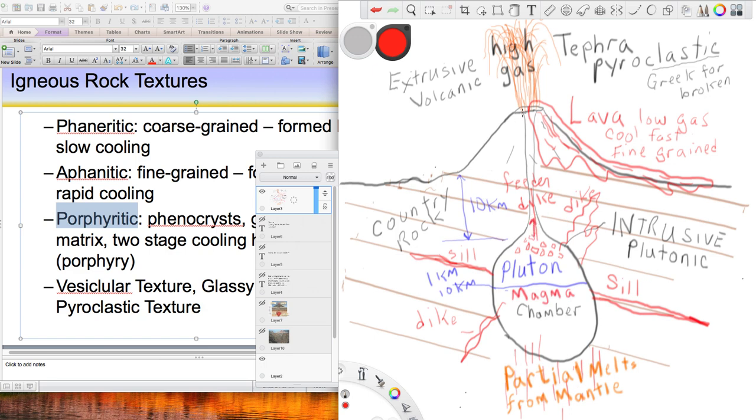So this stuff comes out. Now it's a lava flow. But what's interesting is this lava flow has those crystals that formed in the magma chamber, but now they erupted along with the rest of the magma that was still not crystallized. It hadn't formed any minerals, right?